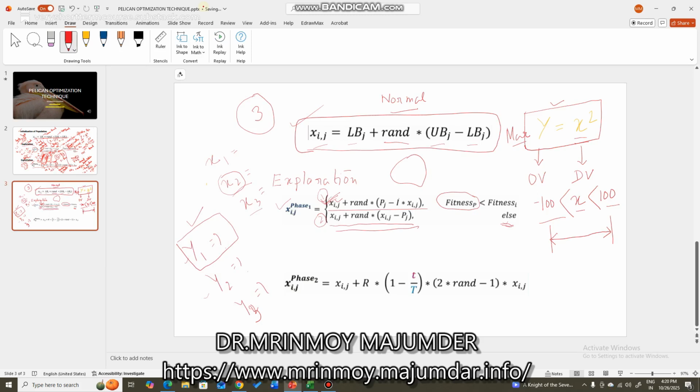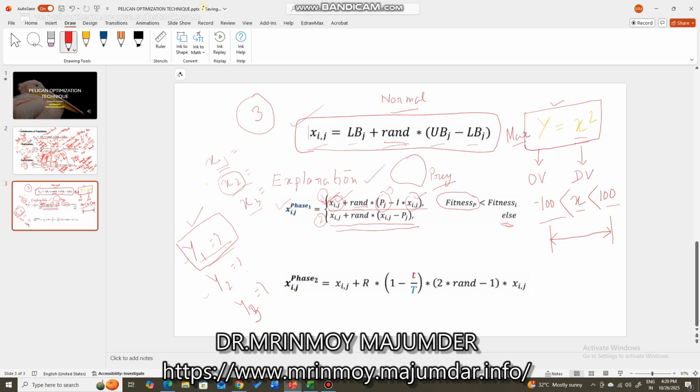So this x is old value, this x is old value, this is the value of x of the target or prey, that means this one, y1, right? So that is why this p means prey. Okay, so this is the value of x for prey. This is the old value of your second agent for which you are comparing, and this is also the old value of your second agent. Random function I have already discussed, this and this are the same.